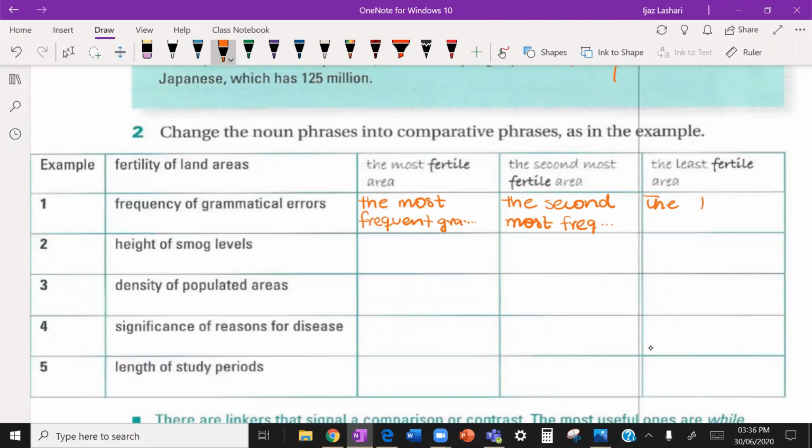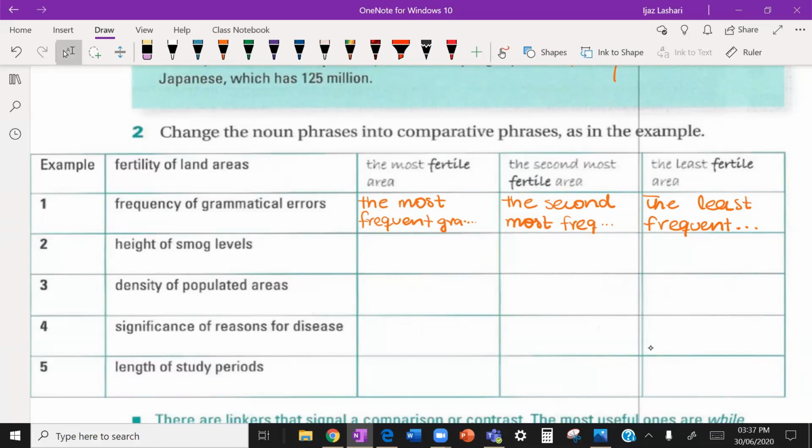The most frequent, the second most, the least. So this is a kind of comparison about these grammatical errors.